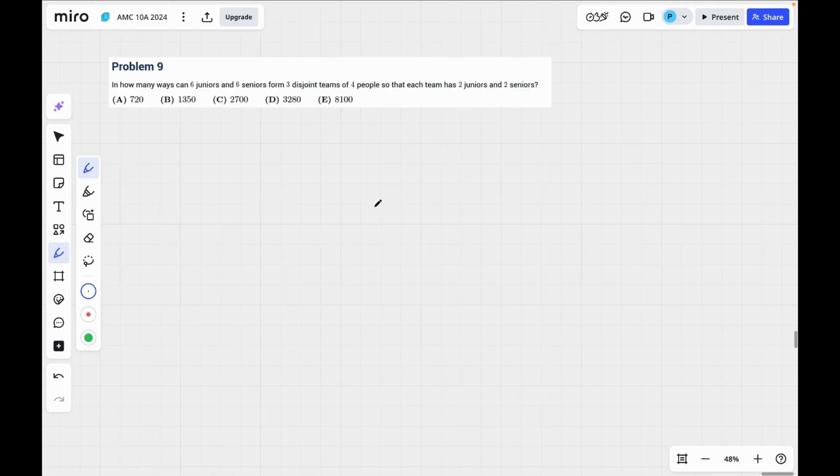Now, problem 9. In how many ways can 6 juniors and 6 seniors form 3 disjoint teams of 4 people so that each team has 2 juniors and 2 seniors? Well, we know that each team has 2 juniors, which means that for the first team, there are 6 choose 2 ways to pick the juniors. For the second team, there are 4 choose 2, and for the last team, it's already set, and there's 2 choose 2 ways.